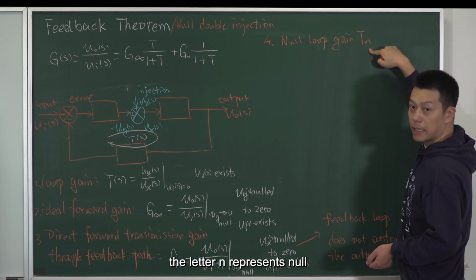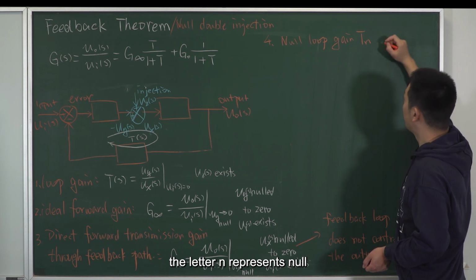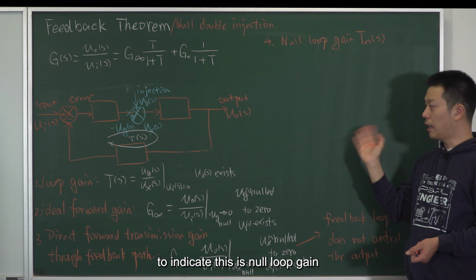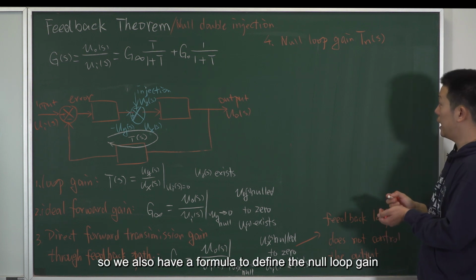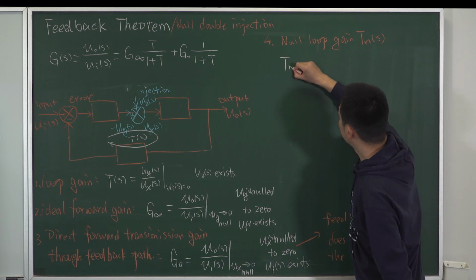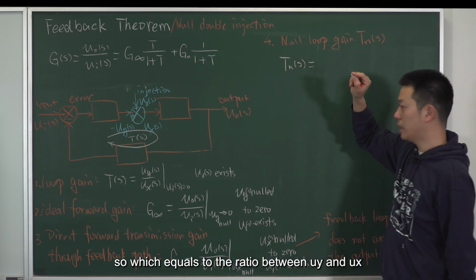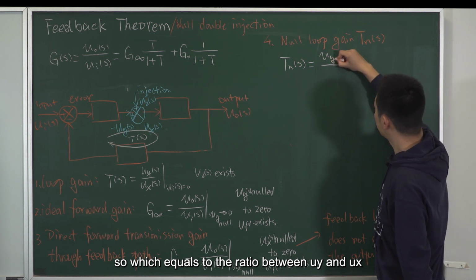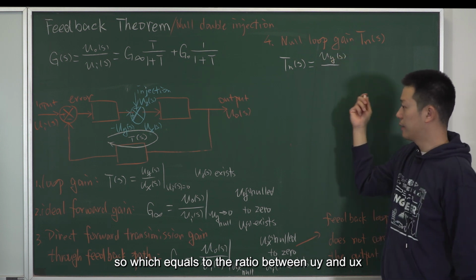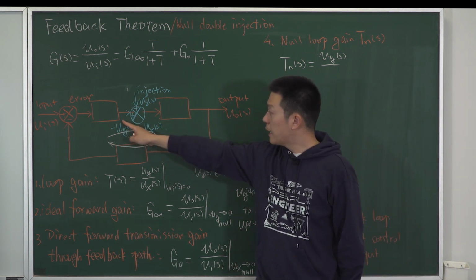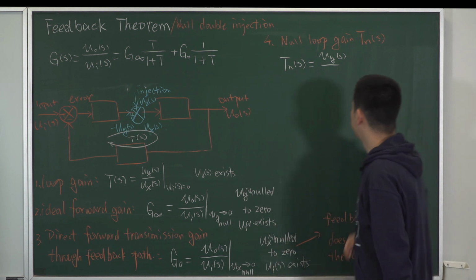The letter n represents null, to indicate this is the null loop gain, right? So we also have a formula to define the null loop gain, which equals the ratio between Uy and Ux, right? Uy and Ux.